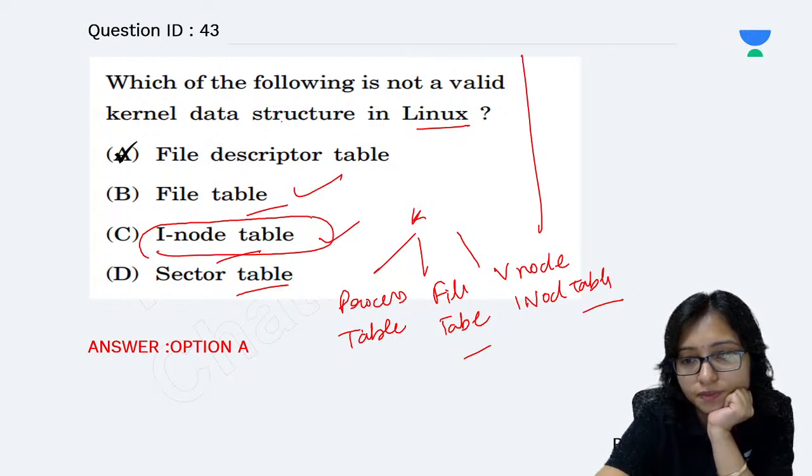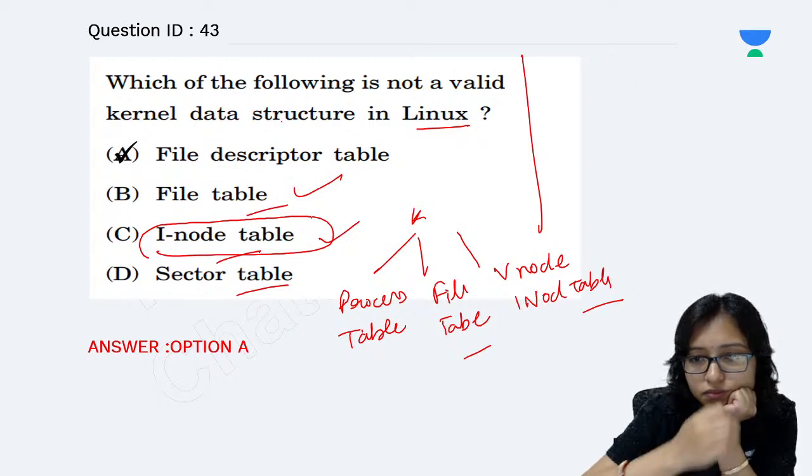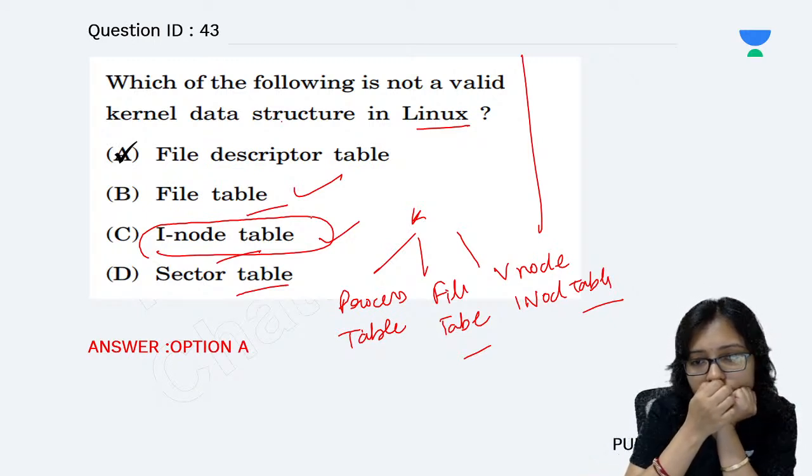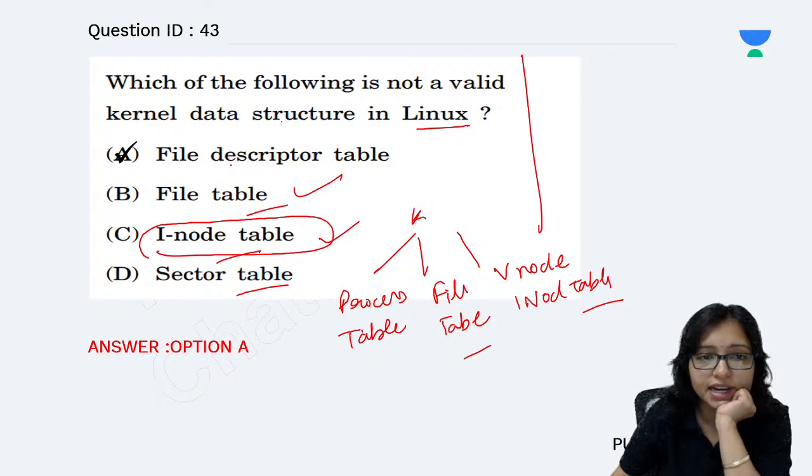File table, see that it is the correct answer.